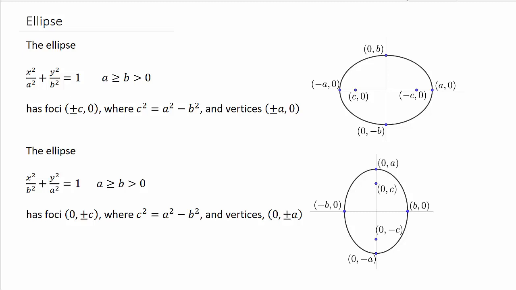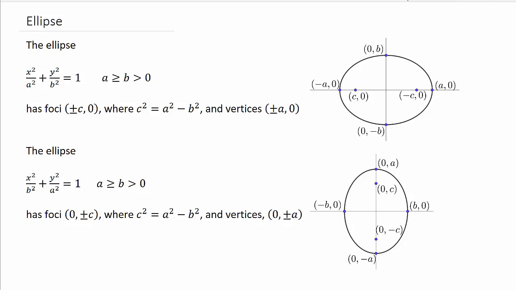Notice, and this is what's important here, a is larger than b, so the larger number will be under x in this case, and you can see the larger axis is going horizontal.